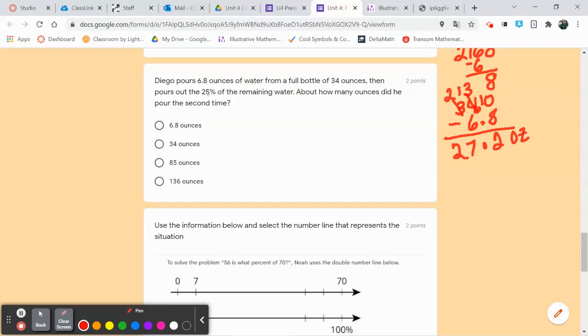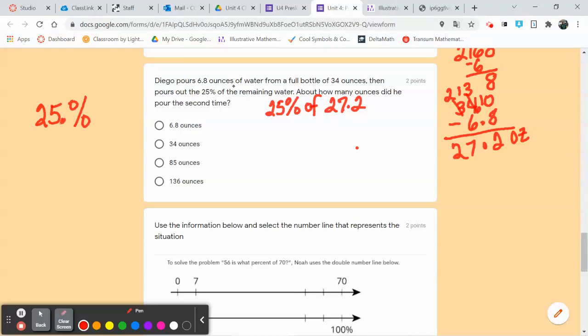And it says he pours out 25% of the remaining water. So that's going to be 25% of 27.2. So now we've got a multiplication problem. The first thing we need to do is make this percent a decimal.